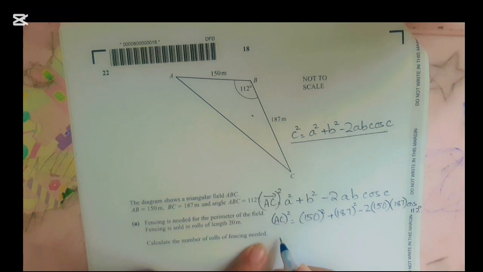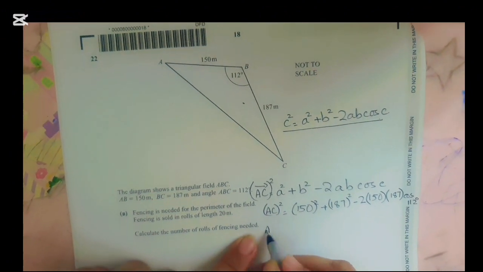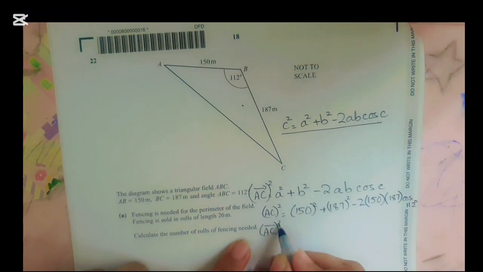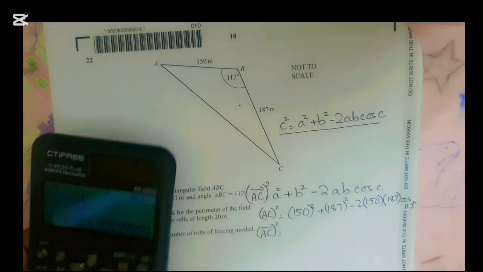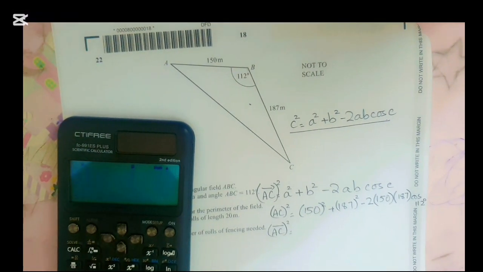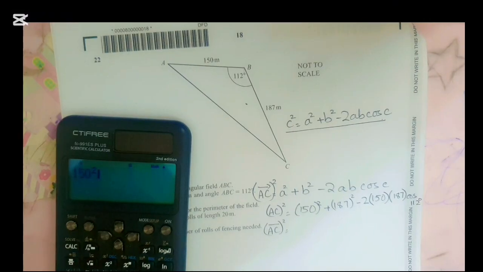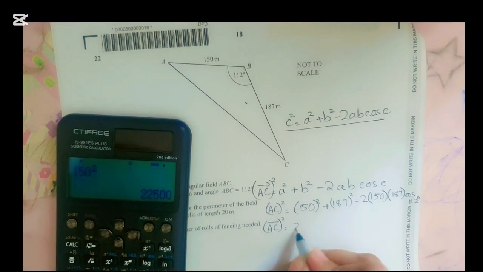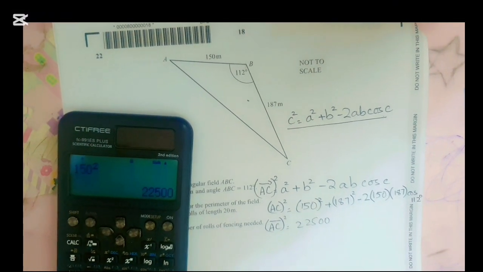And now AC square is equal to, just use the calculator, you can do all the working in the calculator. 150 square is equal to 22500.